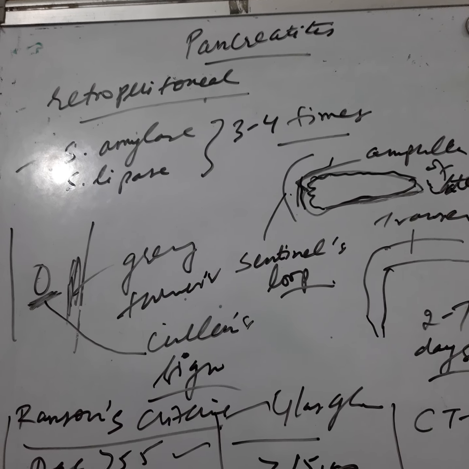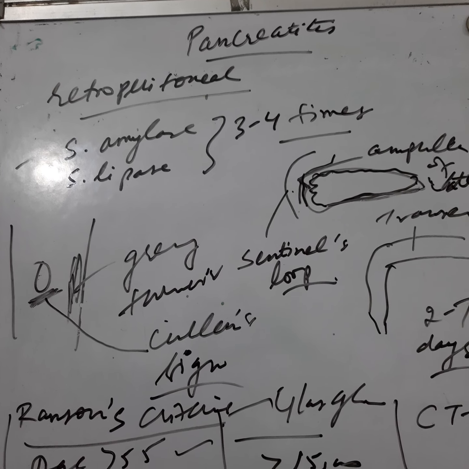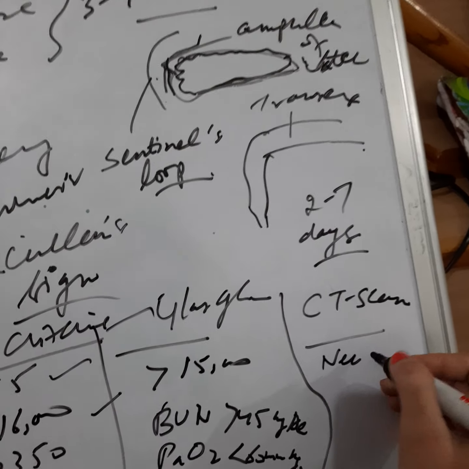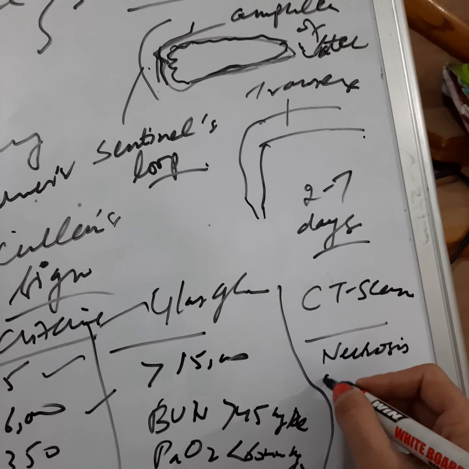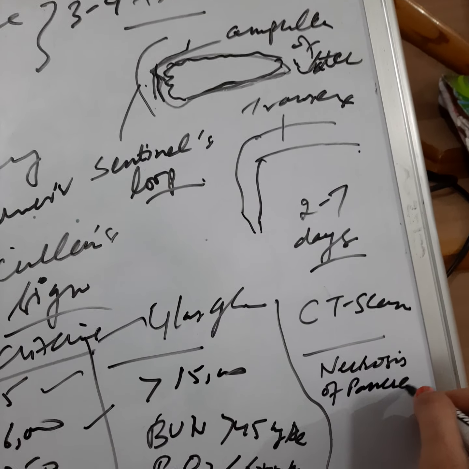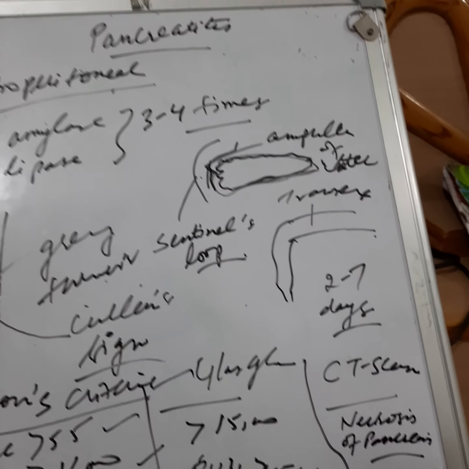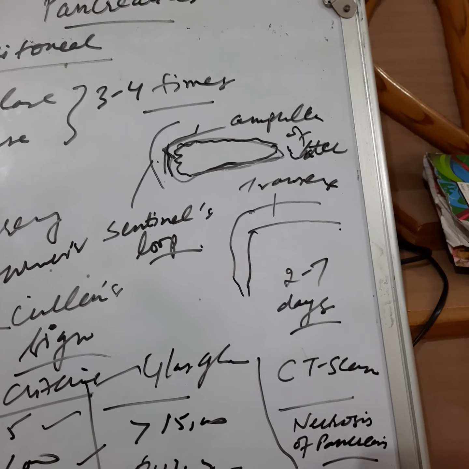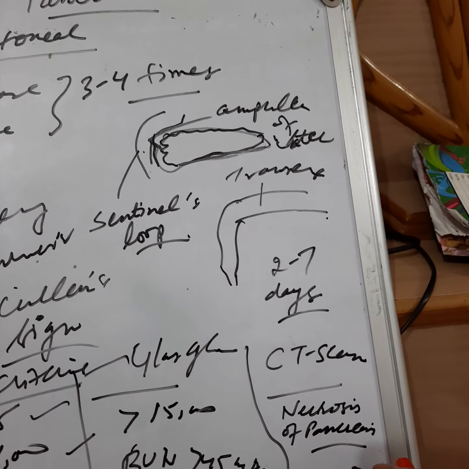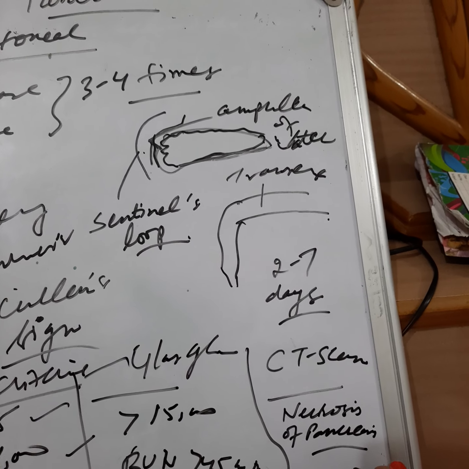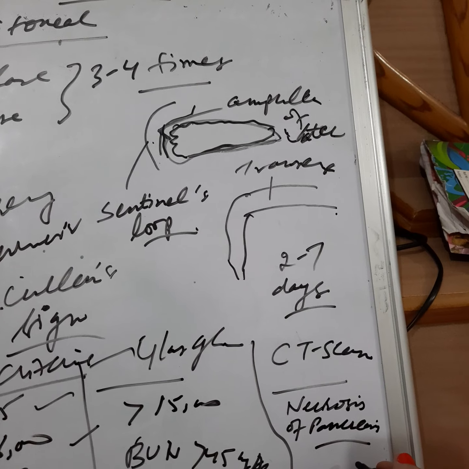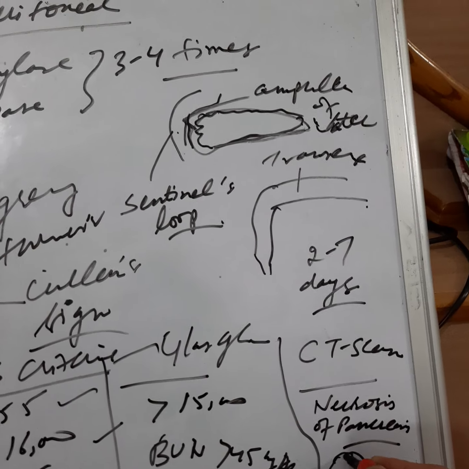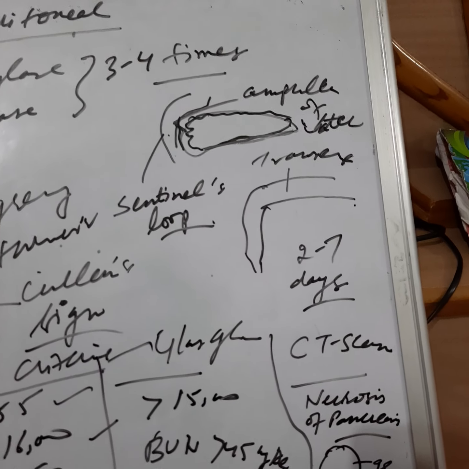And if there is any complication, then there might be necrosis of the pancreas, where there is destruction of the fatty cells, which forms a boundary around it, called granuloma.